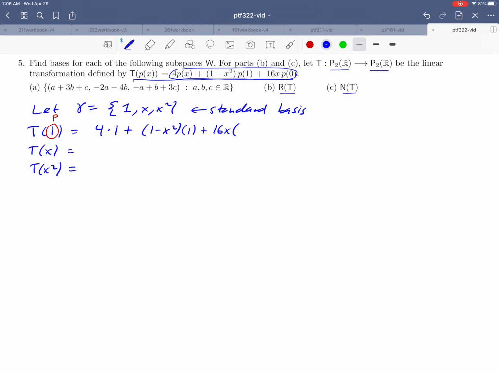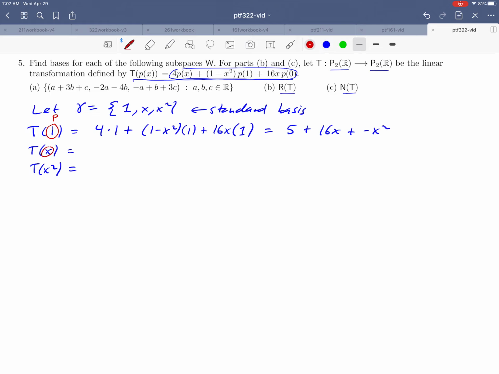If p is the function p of x equals 1, p of 0 is still going to be 1. Then we just want to algebraically rewrite it as a linear combination of the standard basis again. If you just do the algebra, this works out to 5 plus 16x plus negative x squared. Then we're going to do that same calculation for the other two basis vectors.